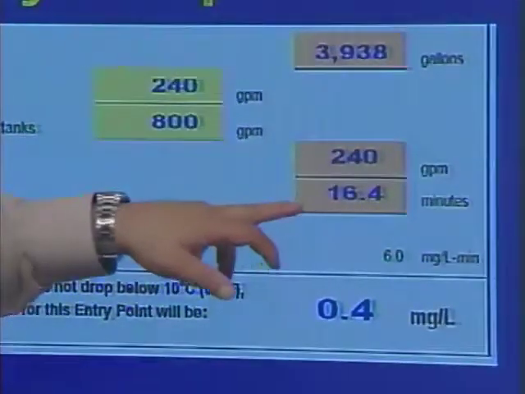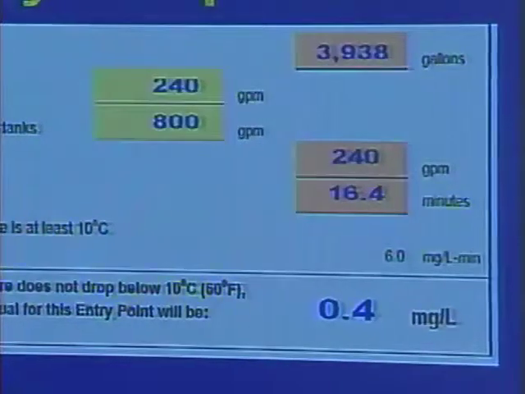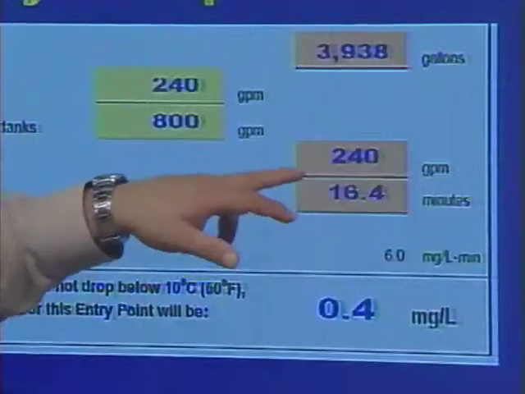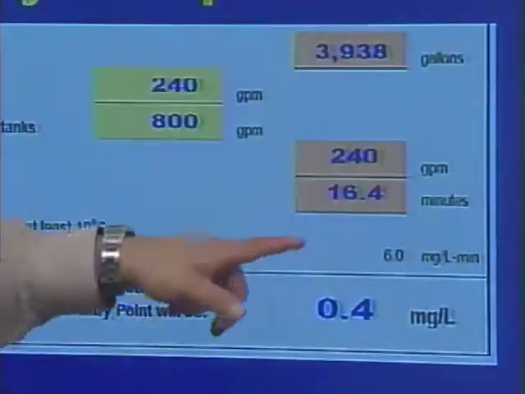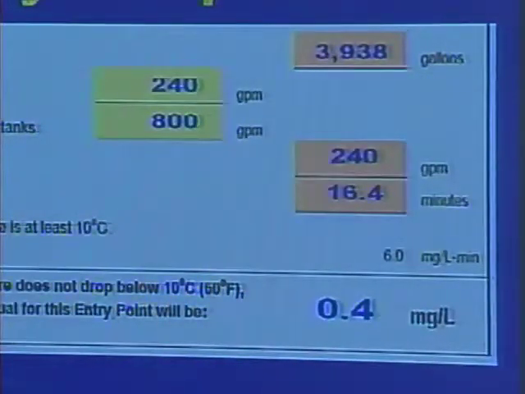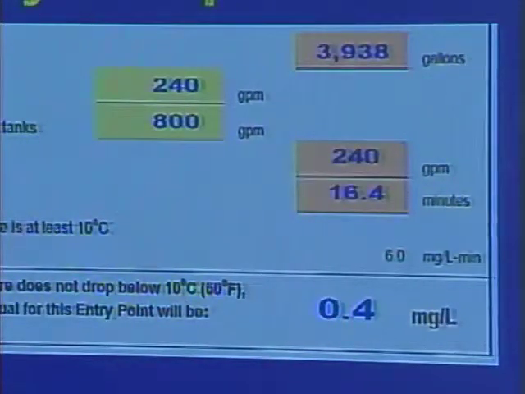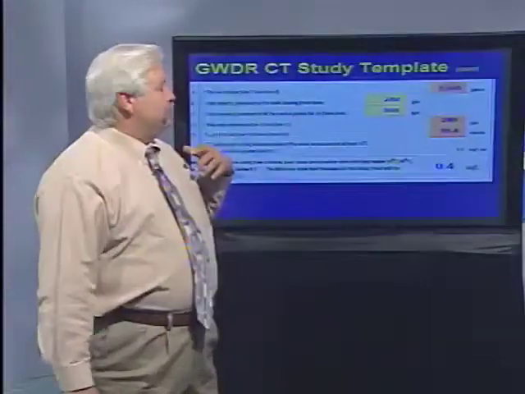So when we calculate the detention time, the T10 time for this facility, we'll divide 3938 by 240, and end up with a T10 time of 16.4 minutes. Dividing the 6 by 16.4 gives us a residual of 0.4 milligrams per liter, okay?